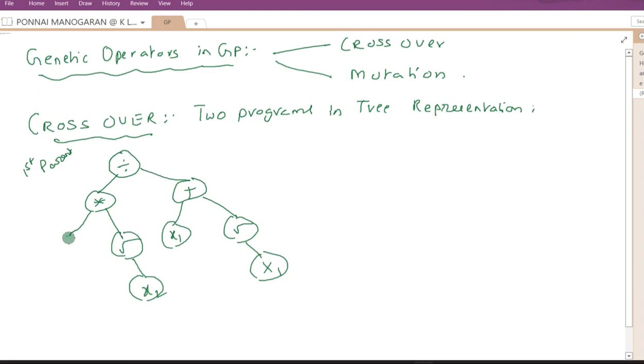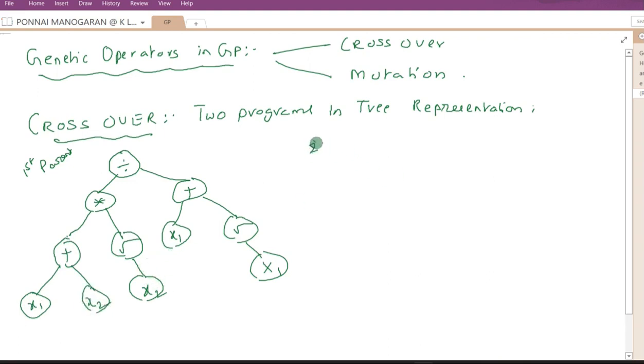I am taking some random programs like this, plus symbol, and then x1, x2.